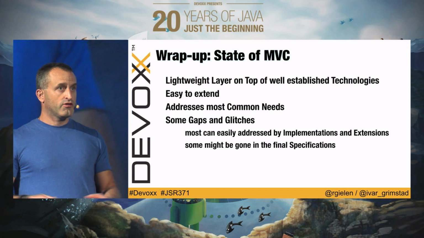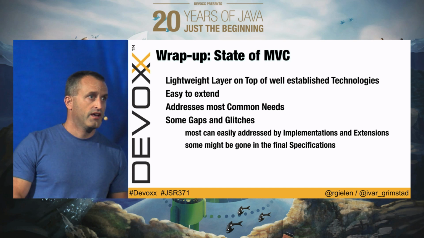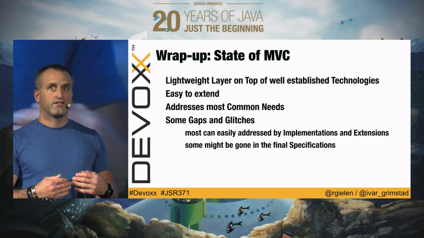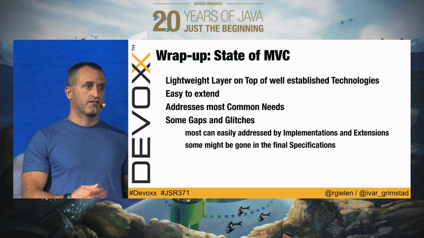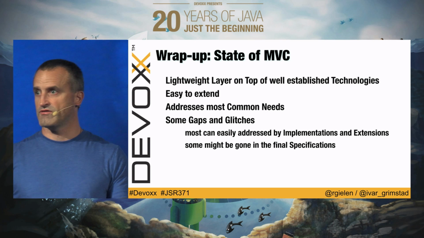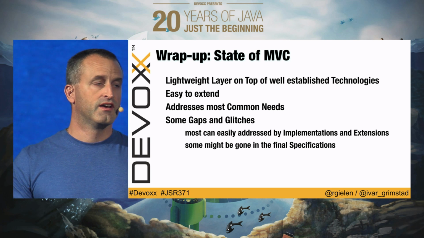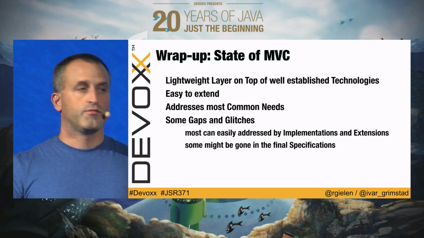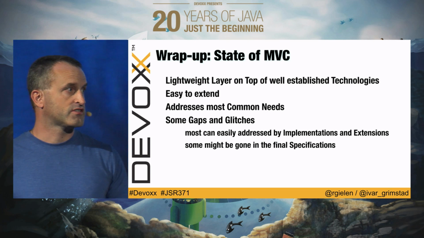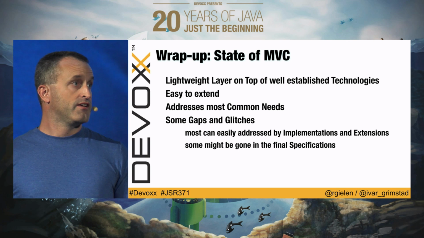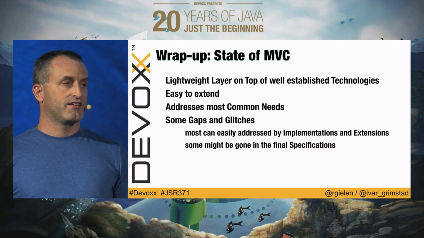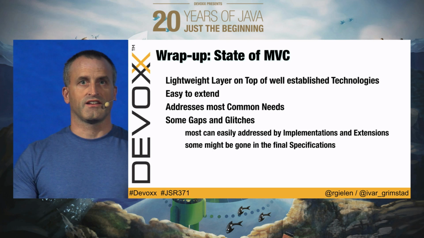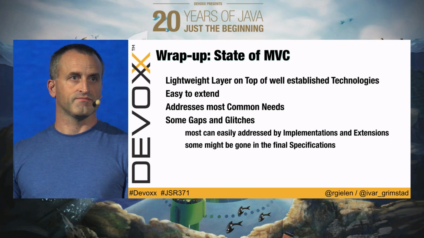The JCP is totally open for everybody to join, and we're really dependent on getting input so we get it right. And as Rene said, this is version 1.0, and I'm sure there will be later versions of the specification as well. But the better we can get it at the first shot, the better it is. So we are really depending on input from the community.